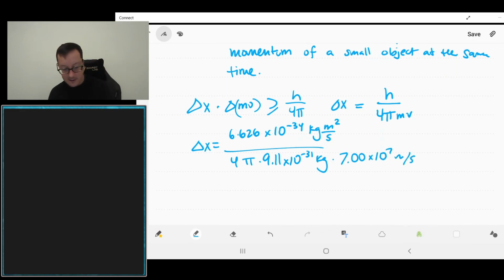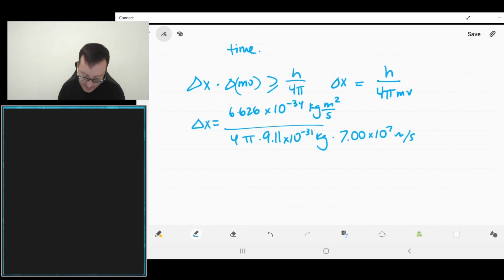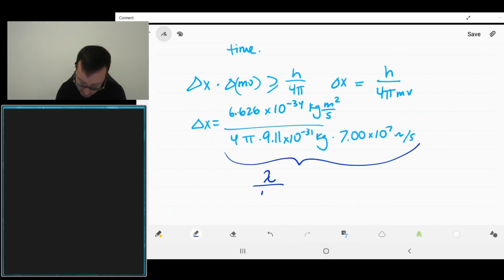Notice that this is the same thing as your de Broglie wavelength divided by 4 pi, just for your information. Because those first three numbers were our wavelength, divided by 4 pi.